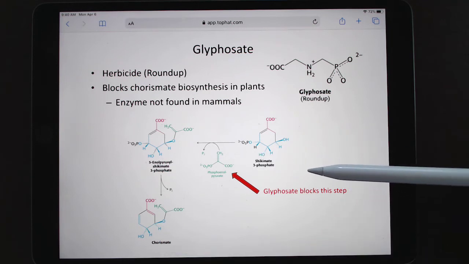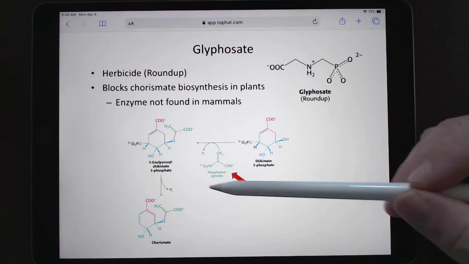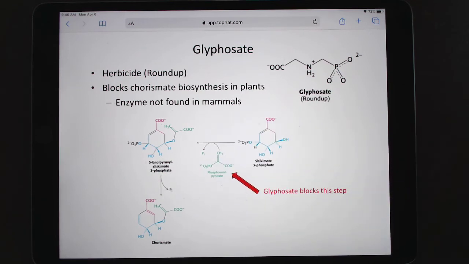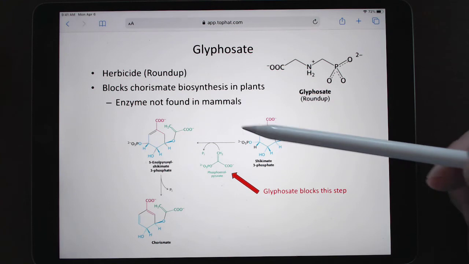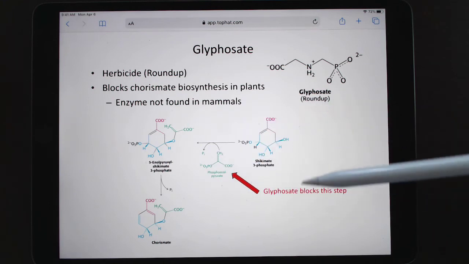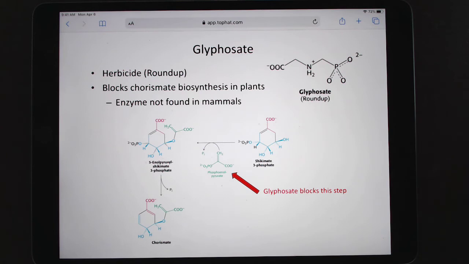This enzyme isn't found in mammals, right? Because these are essential amino acids, we don't have to worry about this blocking this enzyme. Now, it is controversial because we do use really high concentrations in the fields, and so as well as for insect populations, stuff like that. We won't get into the politics of all that, but it was designed to block an essential amino acid pathway, something that we don't have but plants do.